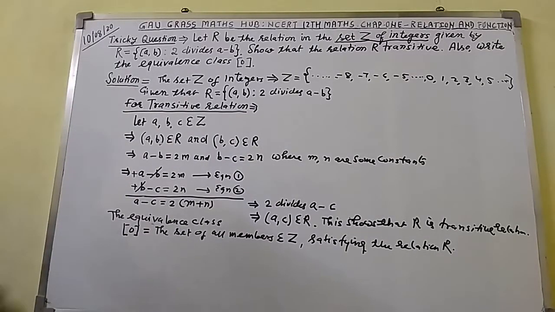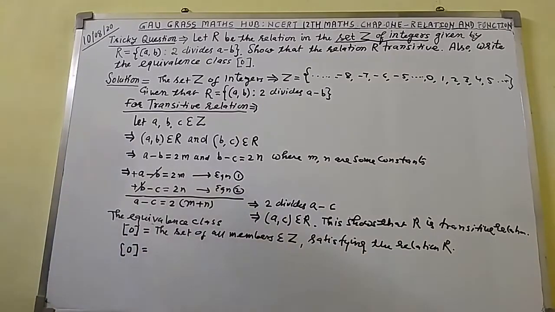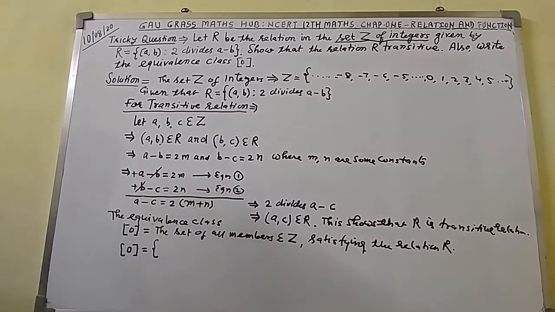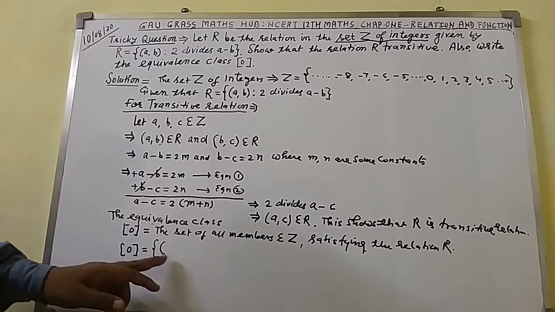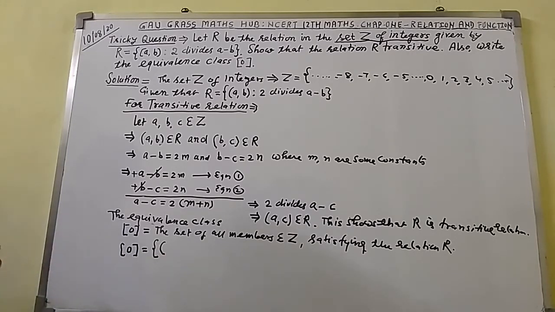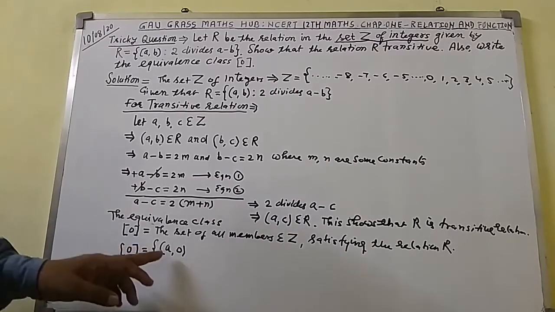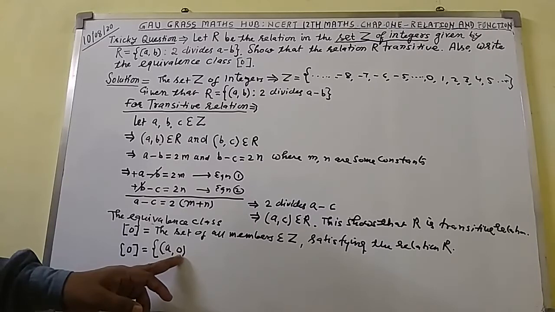So here I shall write [0]. In set-builder form, you can write, open curly bracket, open the ordered pair. In the ordered pair, one element must be 0. So let the first letter be a and the second letter 0.